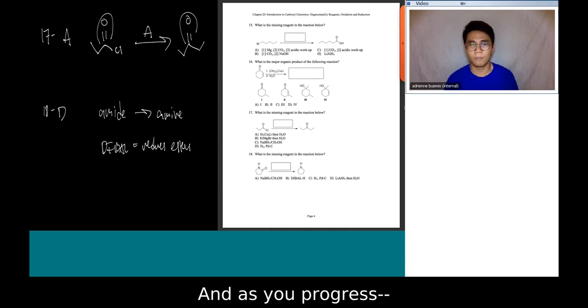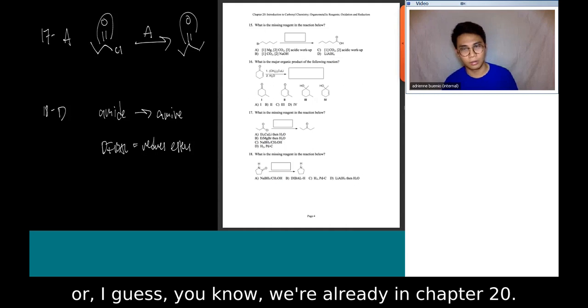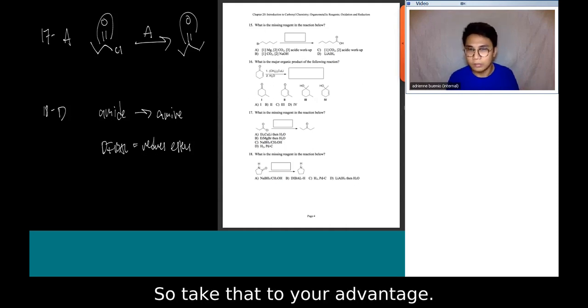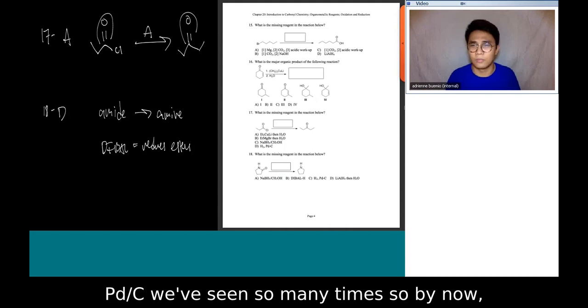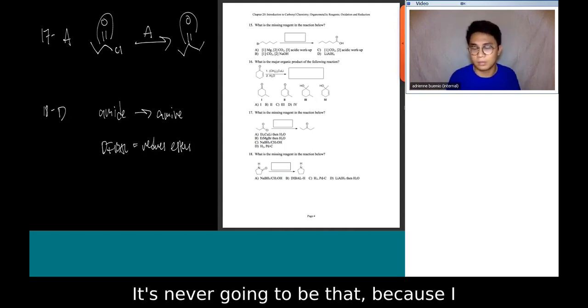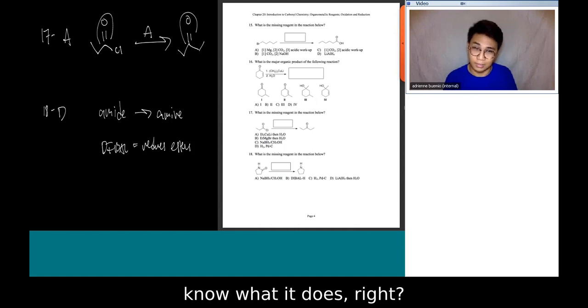And as you progress, or I guess we're already in chapter 20, some reagents just make you think, oh, duh, I know what that is already. So take that to your advantage. PDC we've seen so many times, so by now you're probably like, okay, it's never going to be that, because I know what it does, right?